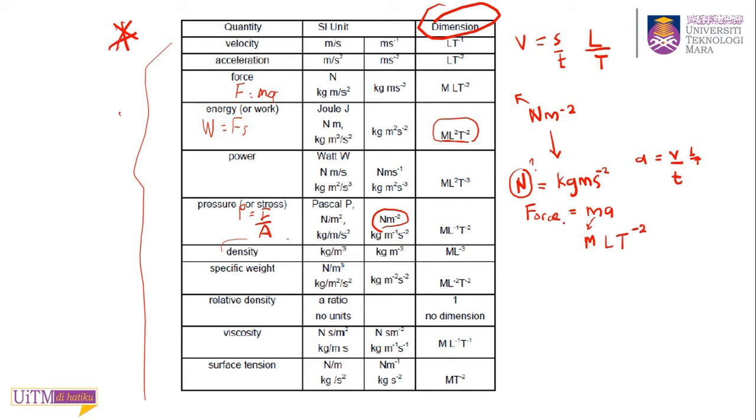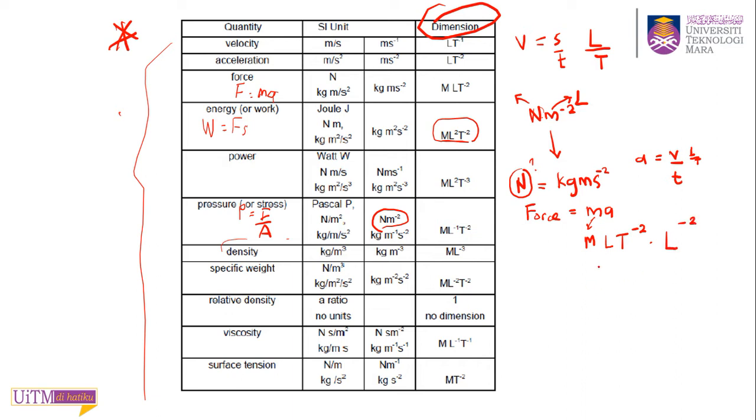So you will have the primary dimension for force, Newton, as MLT minus 2, and you need to multiply with this meter minus 2. Meter is length, so L minus 2.